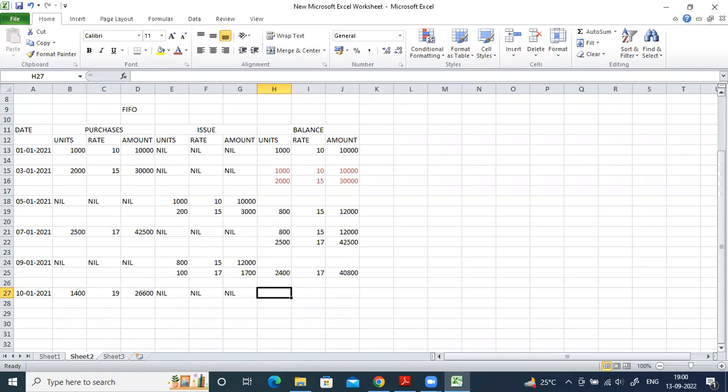Only 1400, or any previous stock? Exactly. First you need to write 2400 into 17, 40,800. Then on 10th January, you purchased 1400 at 19, 26,600. I hope it is clear.